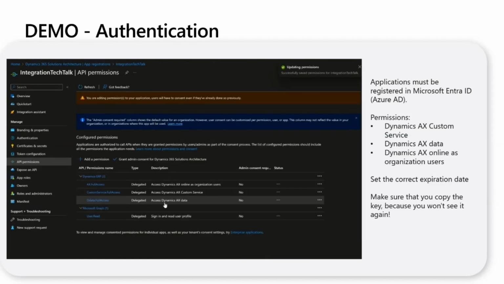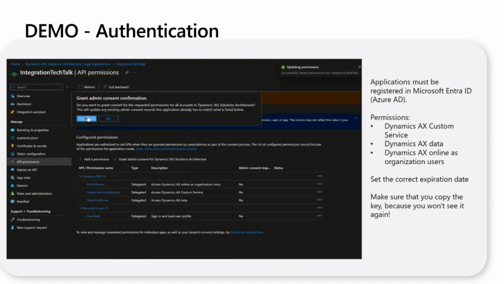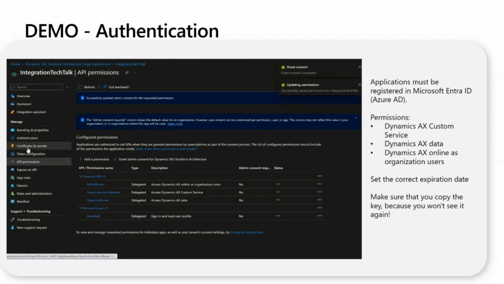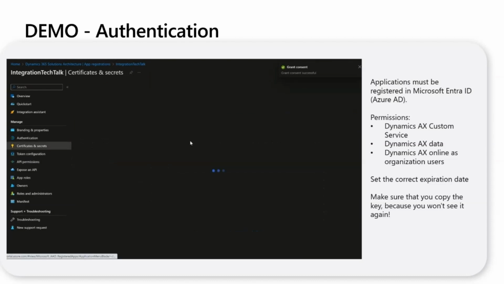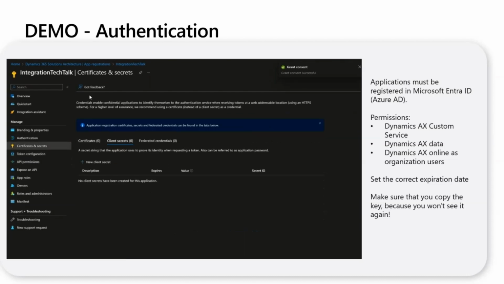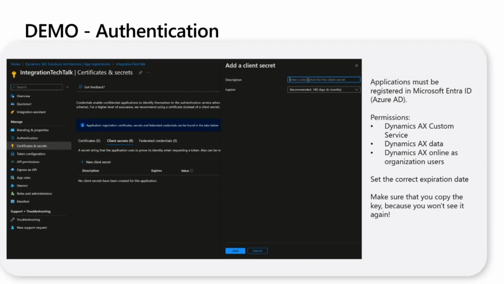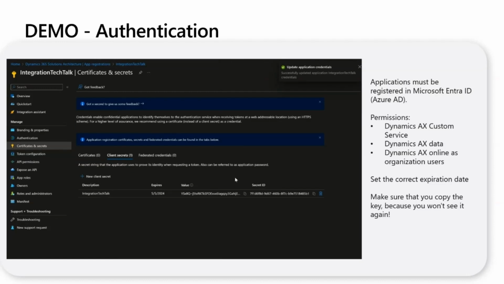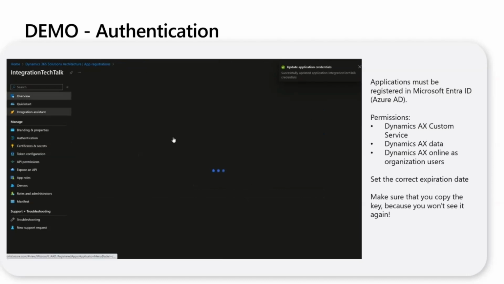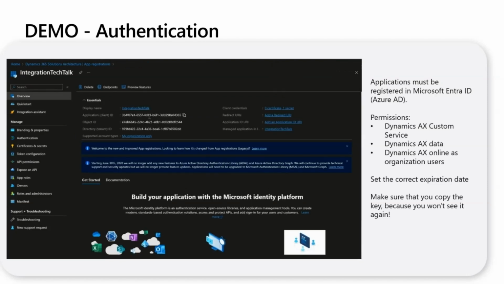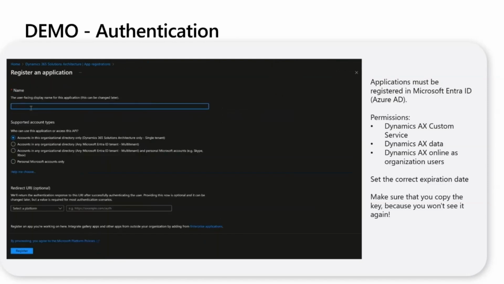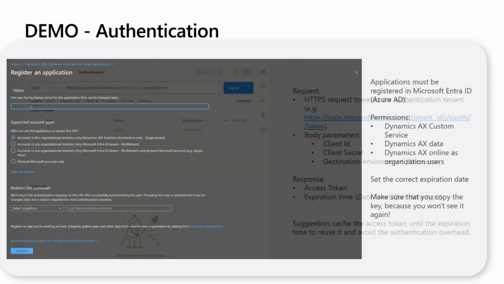Then we need to generate the secret necessary for communication. That's in certificates and secrets. We generate a new client secret for the client application. Please make sure you copy the key, because you won't see it again after this setup. And then we will have the secret and the client ID that we need to authenticate our application.